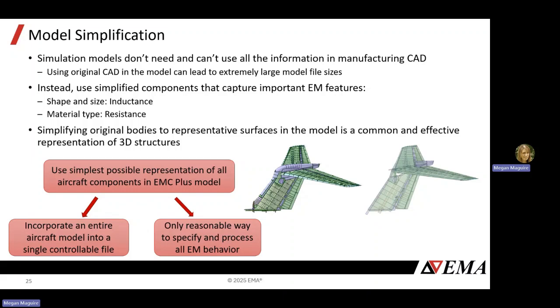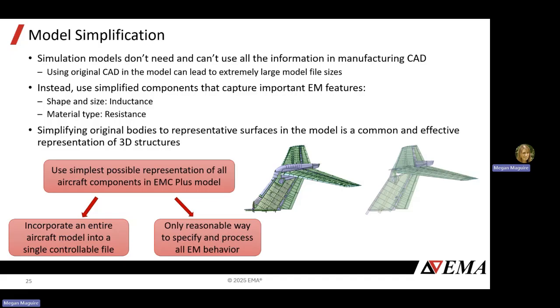In doing so, you want to make sure that you're still capturing the important electromagnetic features of your platform. So for structures, you want to make sure that you're getting the right shape and size for inductive purposes. And then you also want to make sure that you are including the correct materials for resistance purposes. The most common way of simplifying that we do is taking the original bodies and then simplifying them to representative surfaces in the model.